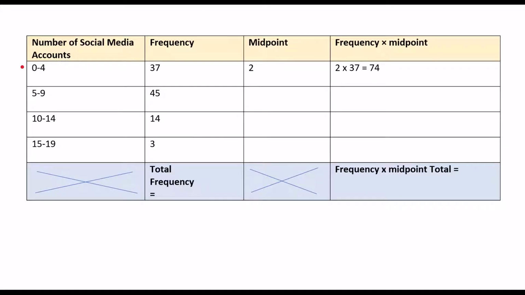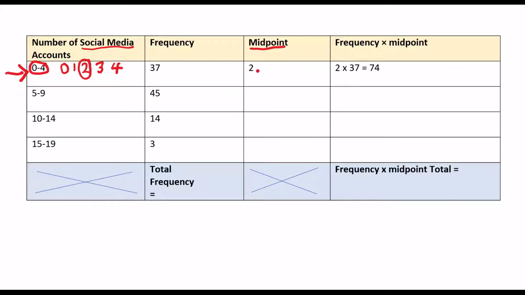So, for example, this first class is done for us. Those who voted in 0 to 4, we know there were 37 of them. In order to estimate how many social media accounts we are talking about within this class, we're going to take the midpoint of this class. If we write out those numbers, the midpoint is here.